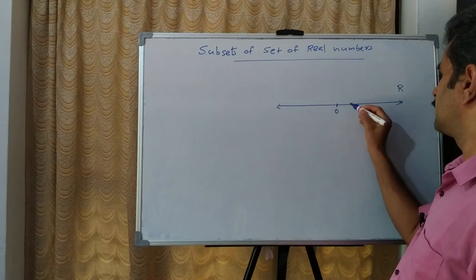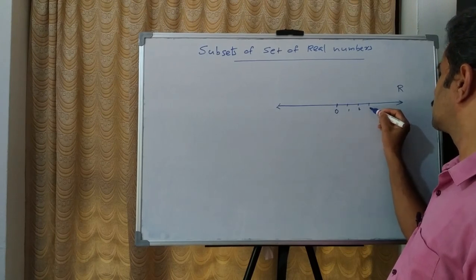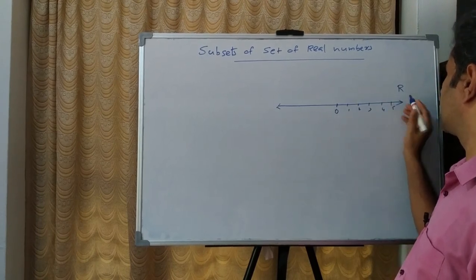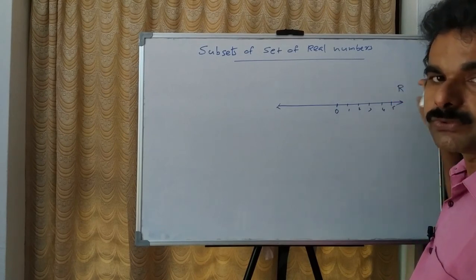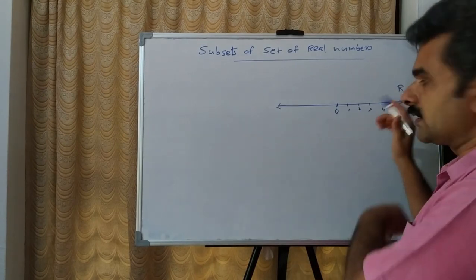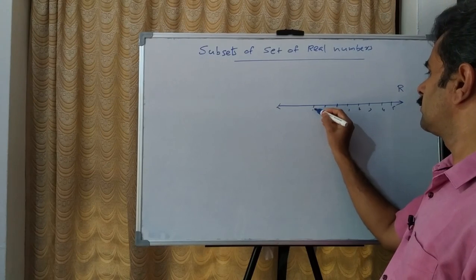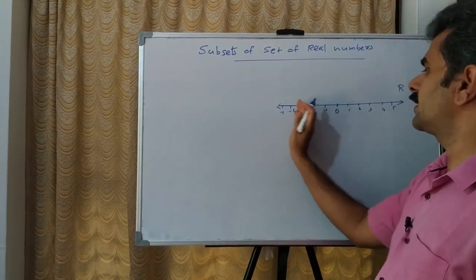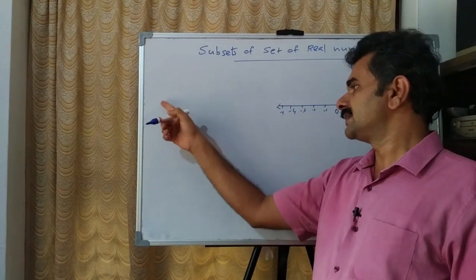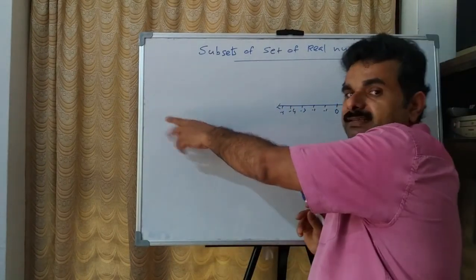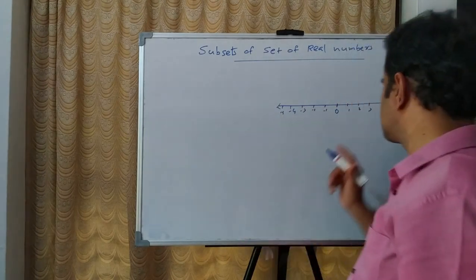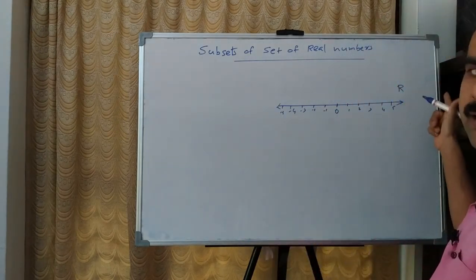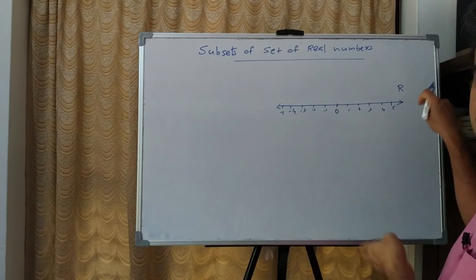Then 1, 2, 3, 4, 5 and so on. It moves up to infinity. Then -1, -2, -3, -4, -5, going to -infinity. Minus infinity is a point which is unknown. Similarly, plus infinity is a point which is still unknown.